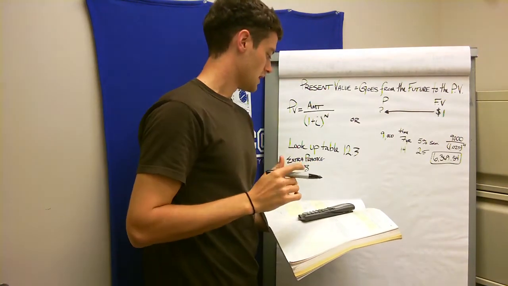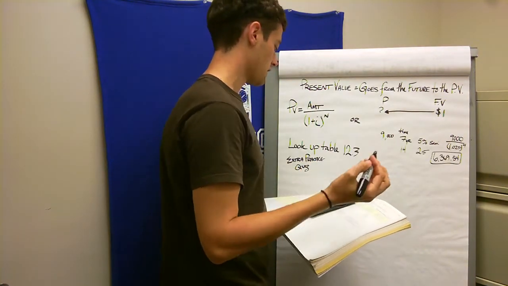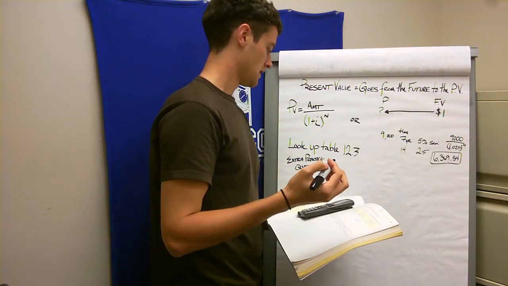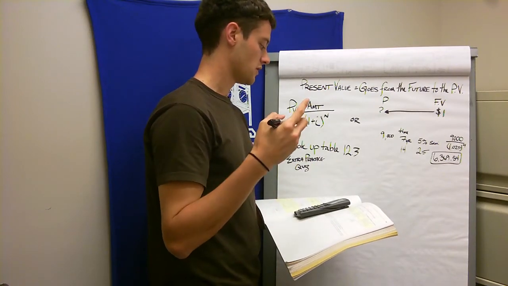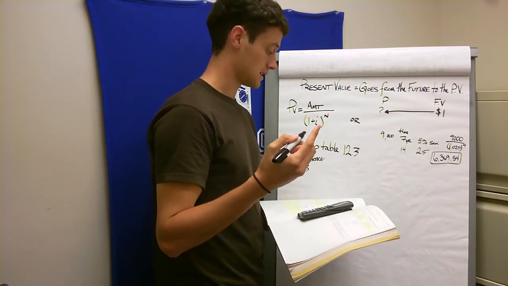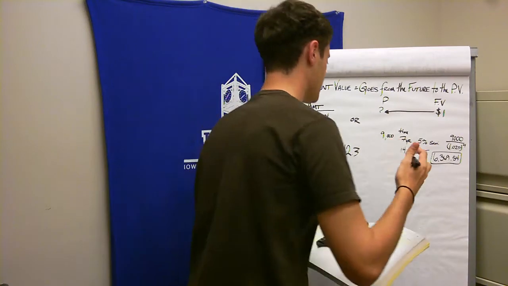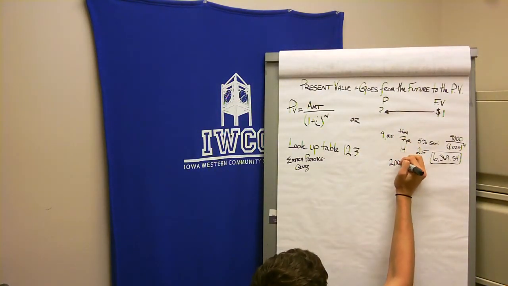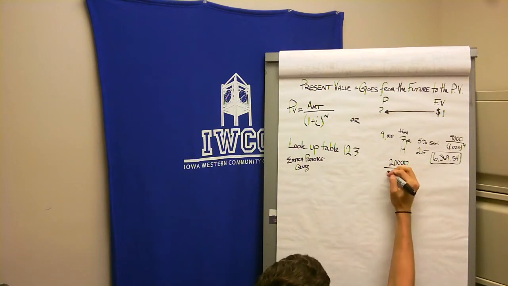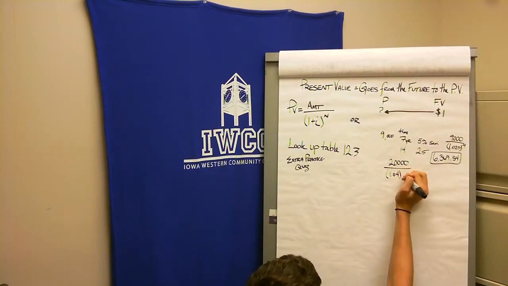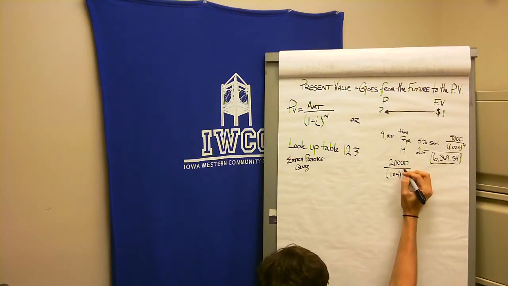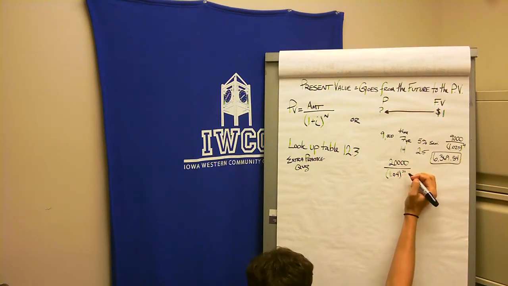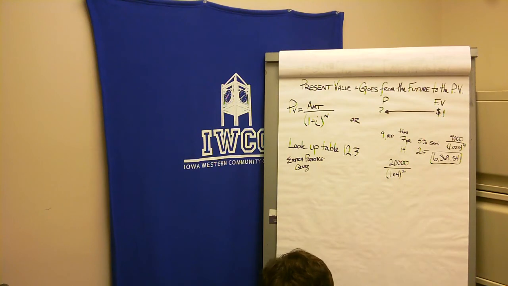So number 2 wants $20,000, 20 years, 4% annually. So 4% every year. So we can just put this into the formula, 20,000 divided by 1.04 to the 20th, because it's 20 years annually.